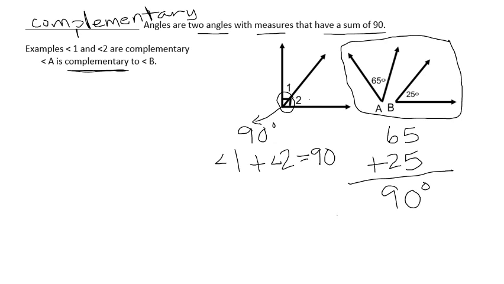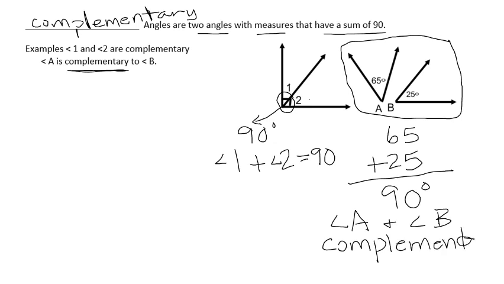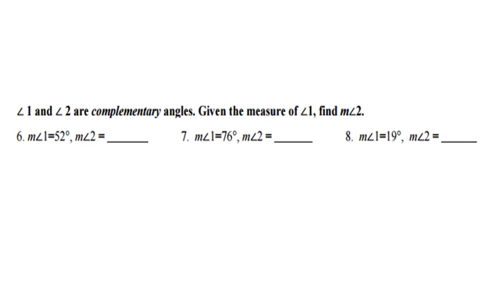So yes, angle A and angle B are complementary. And again, kind of long, but there you have it, complementary. Now another kind are angles. Oh, before I start there, let's practice a couple of them.